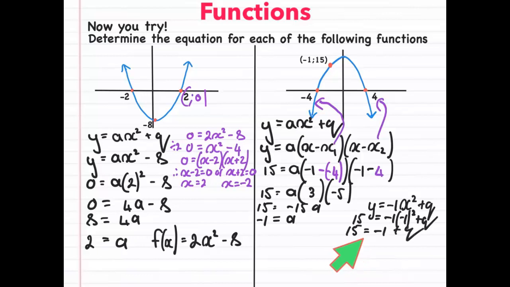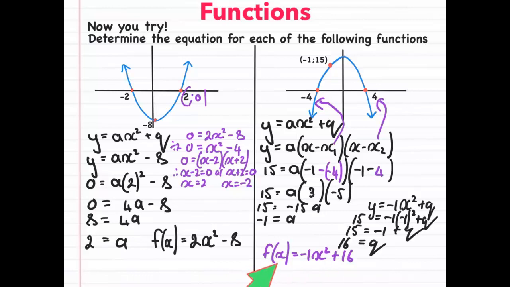And then 15 plus 1, because that minus 1 goes to this side, it becomes 16 equals q. So now I know what my q is, I know what my a is. So my function will be f(x) equals minus 1x squared plus 16, and we are done.